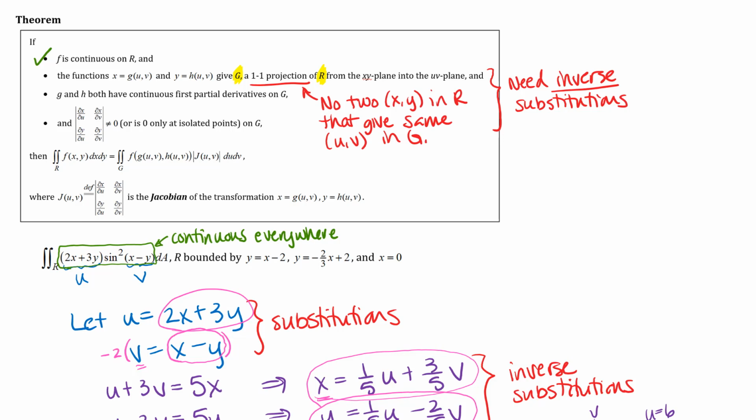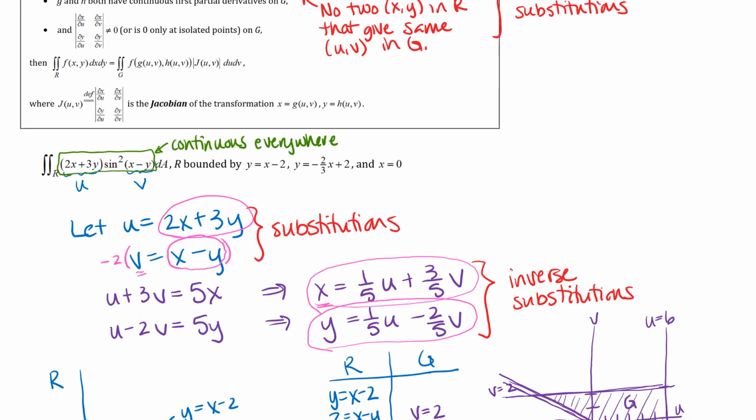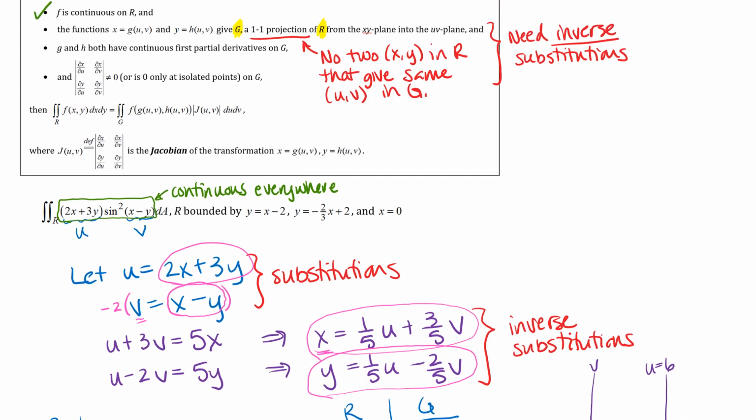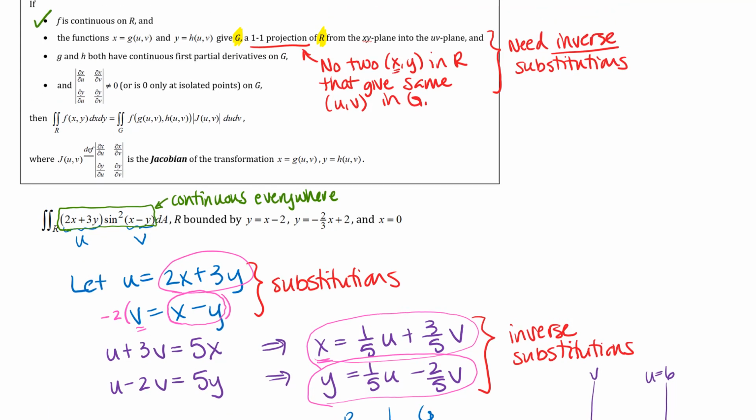Because we have linear functions for our substitutions, that's not going to happen. That might happen if you had some squares in your substitutions, where you had maybe 2 x values, a positive and a negative, and if I square them, maybe I get the same point in my region G. But we're okay on that condition for this function and this substitution.